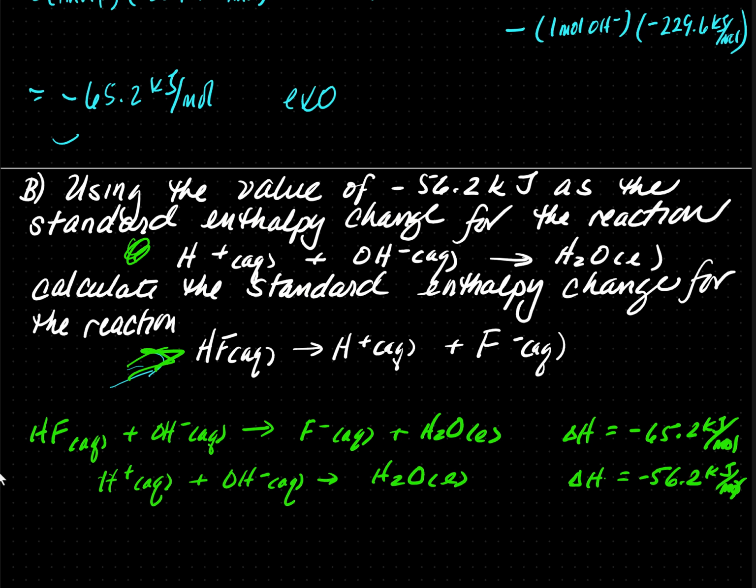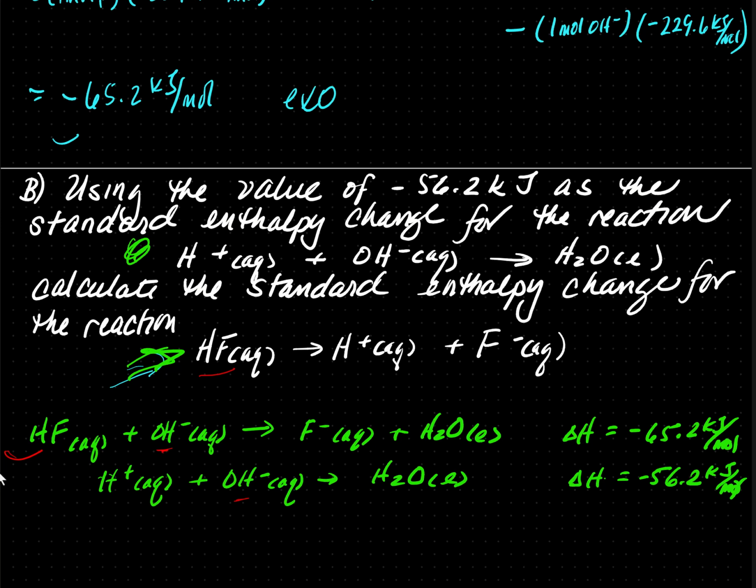I pick the element or compound that's only present in the overall equation and in only one of the steps. So if you notice, HF is present in the top equation right here, but doesn't appear in the other equation. You don't want to use OH minus because it appears in both the top and the bottom step.